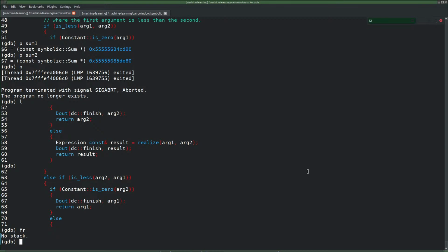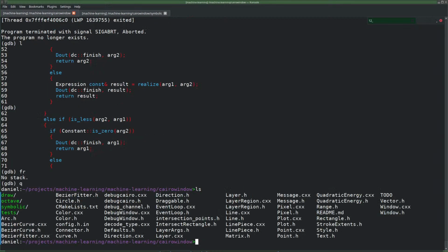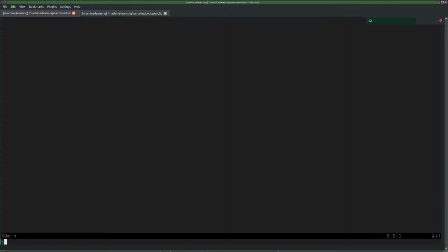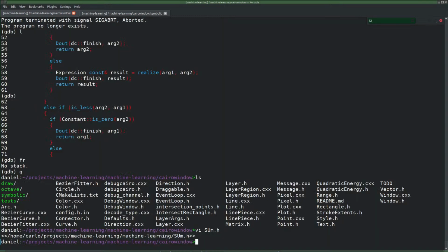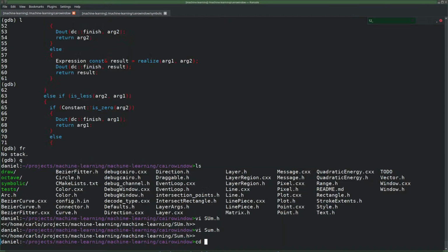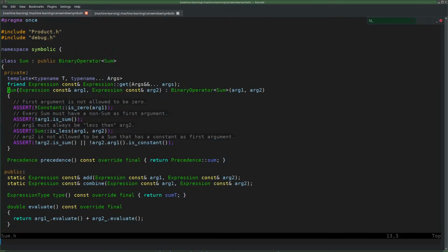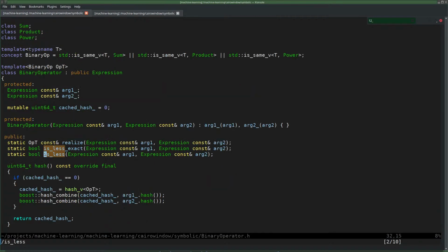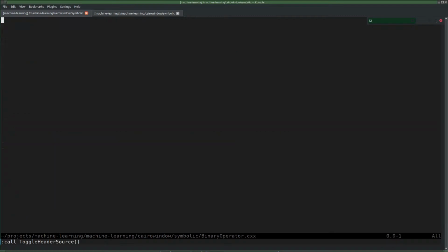Damn it. This was in some.h or not. Symbolic is less. It's not defined here. I have to go to binary operator. Define. Well, no, not.